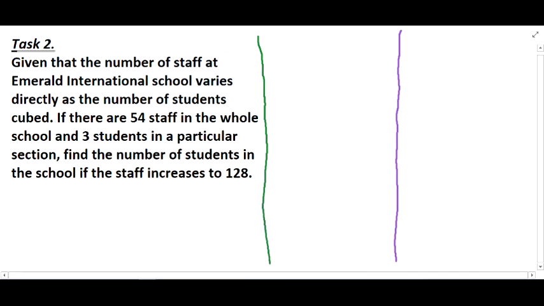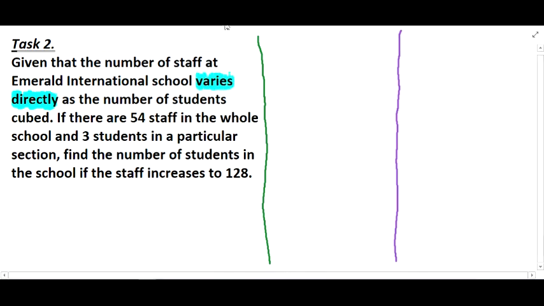Now we have a question that says that given that the number of staff at Emerald International School varies directly, I told you always ask yourself, what is the relationship here? So here now is direct variation. So varies directly. If it were inverse, they will still tell you it varies inversely or varies jointly or varies partially.